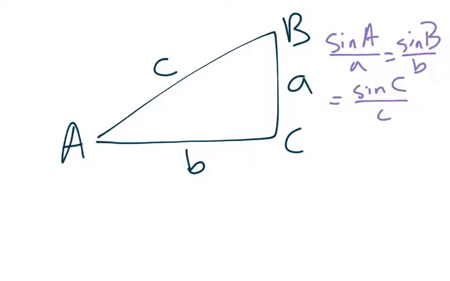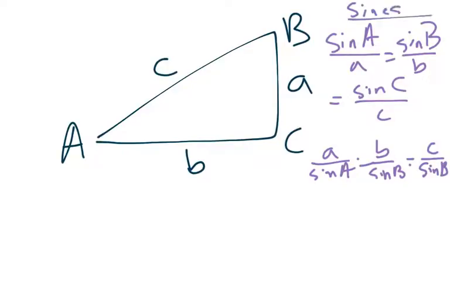It only works if we have at least one of those connections. If we don't have a side opposite an angle, we don't have two of those pieces that form that connection, it's not going to work. We can also flip that around and do it a over the sine of A equals b over the sine of B, and so on. But that's when that works. That's the law of sines, because it has sines.